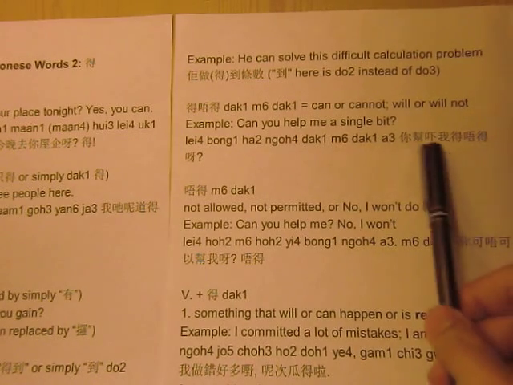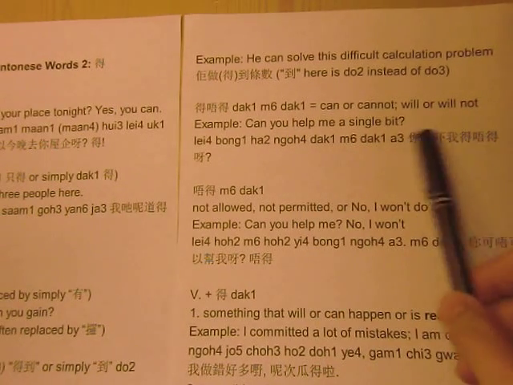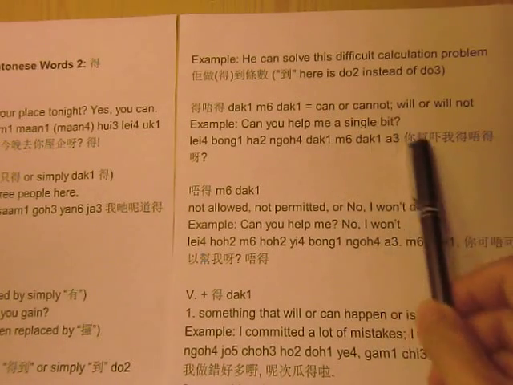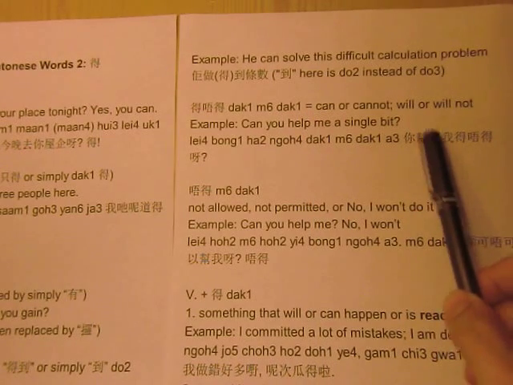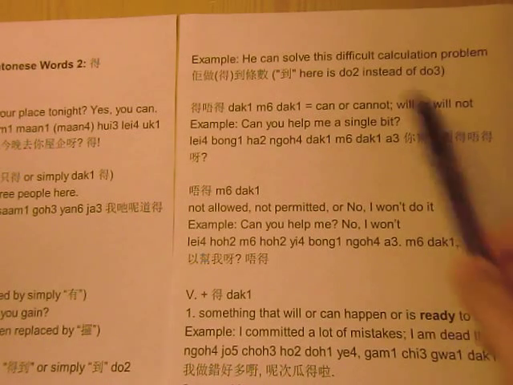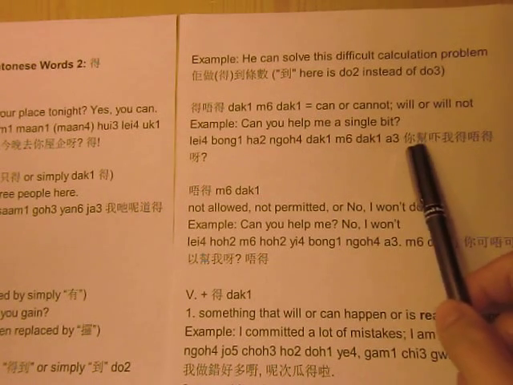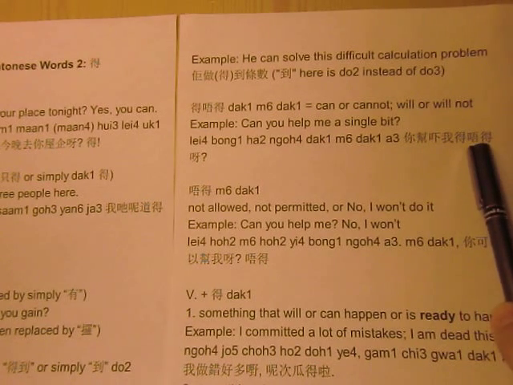So how do you say it? 你 you 幫下我, help me a bit. A bit, we put it at the back of help. 幫下我, 我 is me. So you help a bit me. Can you? 得唔得? Can or cannot?